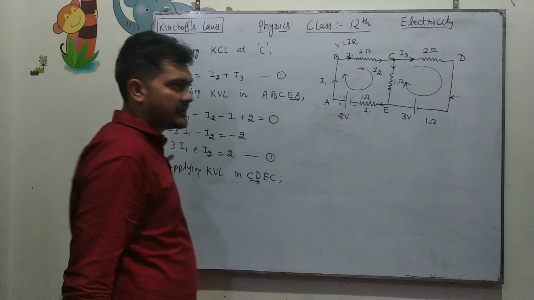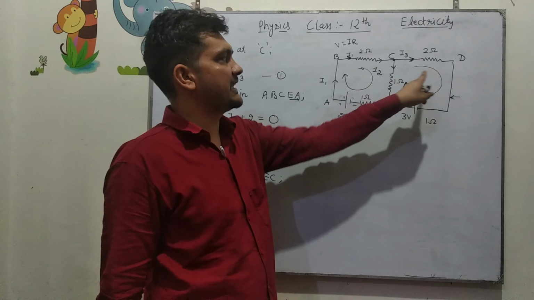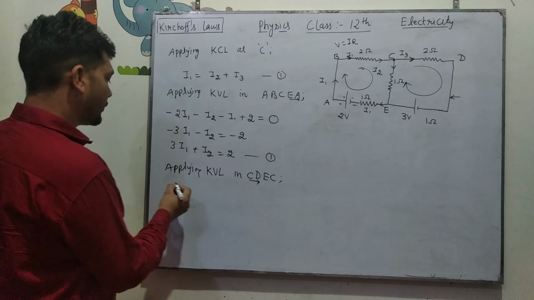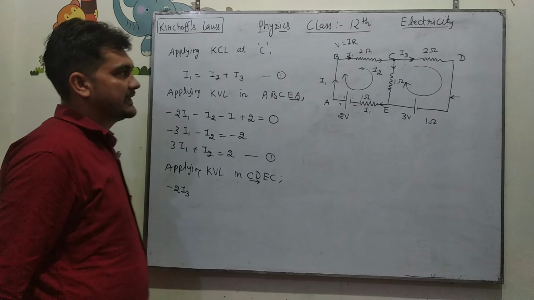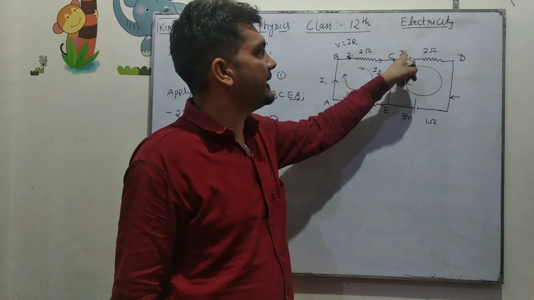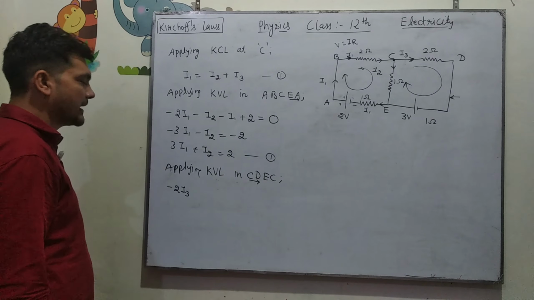So, the direction of current is from higher to lower potential. Therefore, there is a drop of potential and drop of potential is represented by negative sign. Therefore, drop of potential is minus 2 into I3. The current is I3, resistance is 2 ohm, V is equal to IR, multiply these two, 2 into I3. This is the drop of potential.